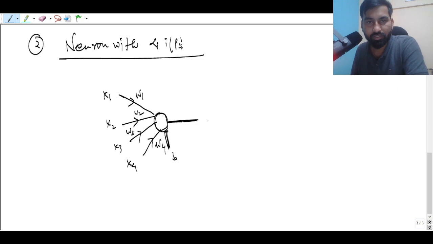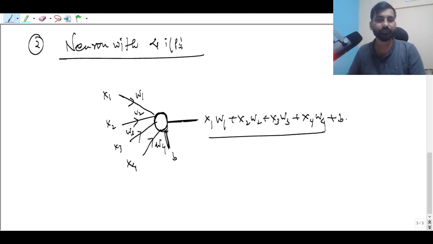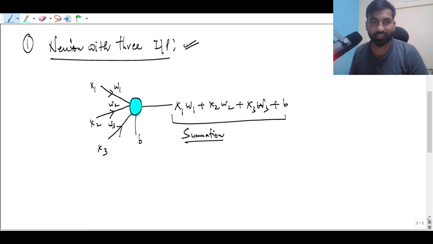The output is going to be, this neuron is going to sum the corresponding weight times the input: x1 W1 plus x2 W2 plus x3 W3 plus x4 W4 plus the biasing term. Okay, bias. There will be bias. Understand? So neuron with 4 inputs and neuron with 3 inputs.